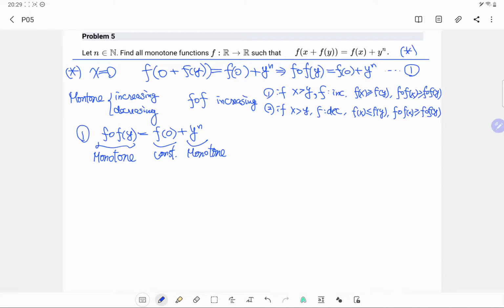But if n is an even number, then y to the nth power is not monotone. When n is an odd number, then y to the nth power is monotonic.